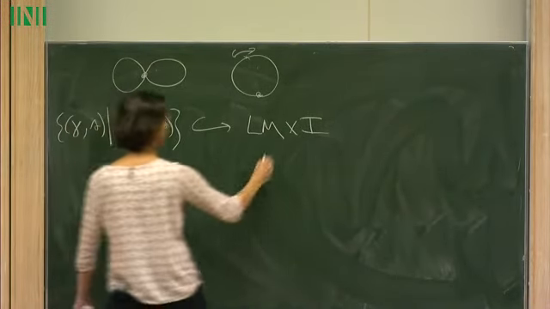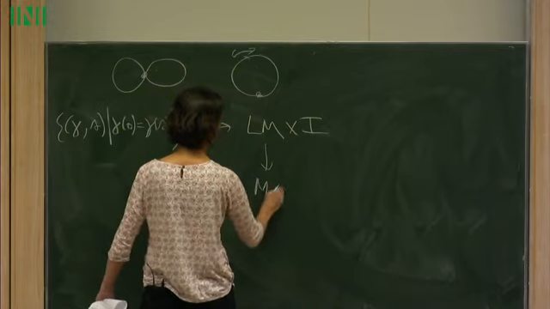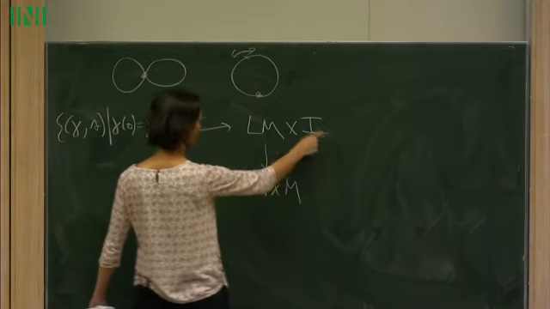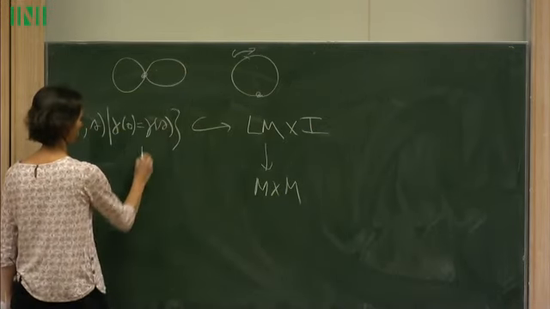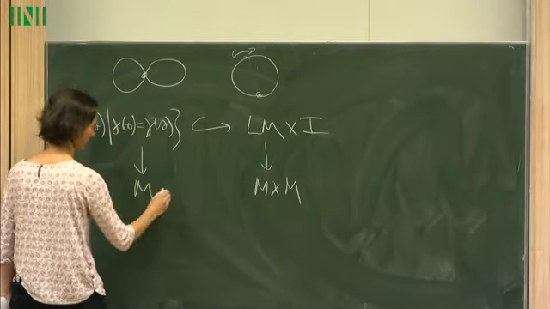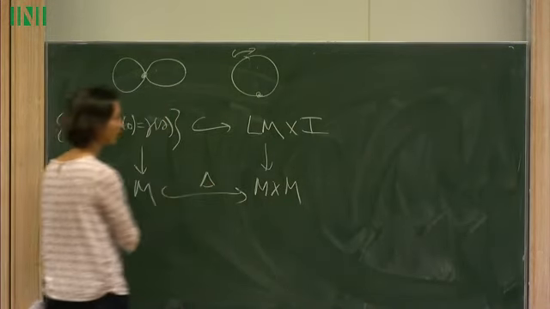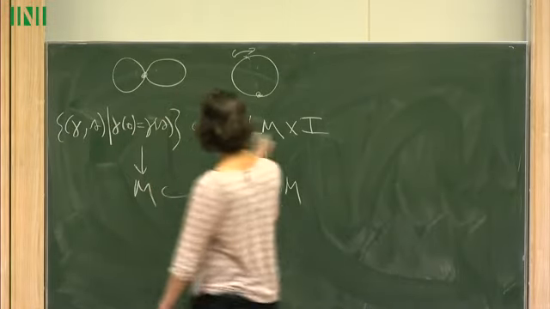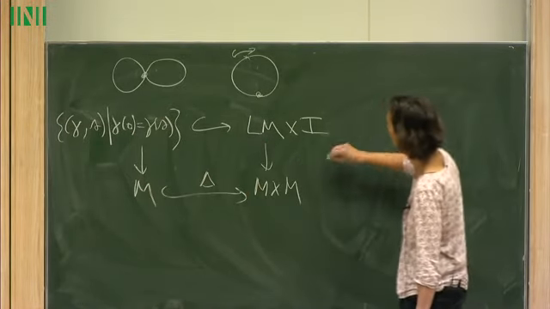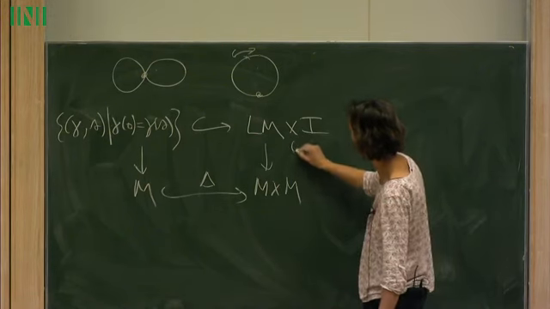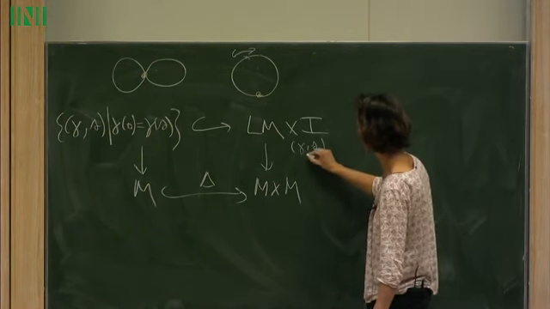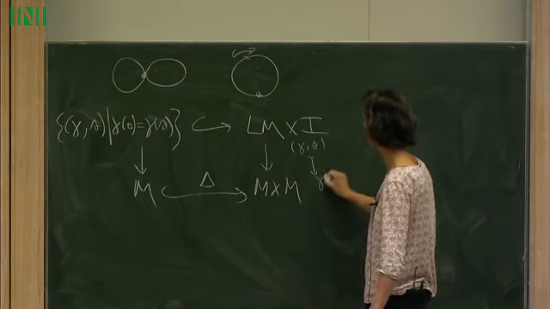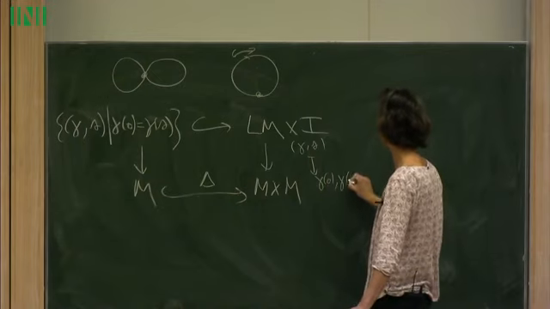So this again maps to m cross m by evaluating at 0 and at my time S, and this maps to m because it's the same point. This is your diagonal. This is a slightly more complicated situation, because this is gamma, just fixing notation, gamma 0, gamma S.